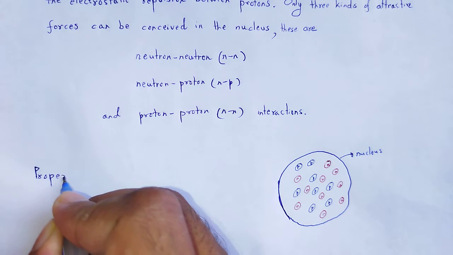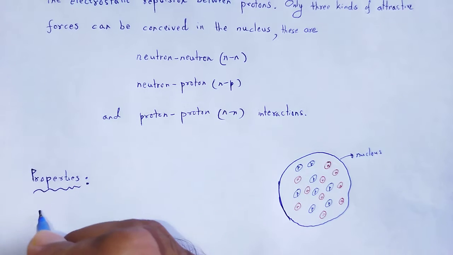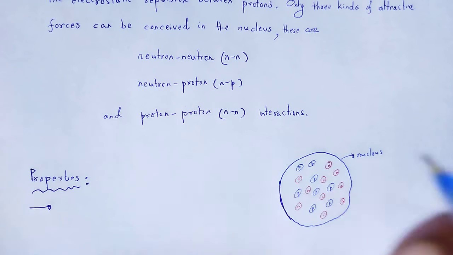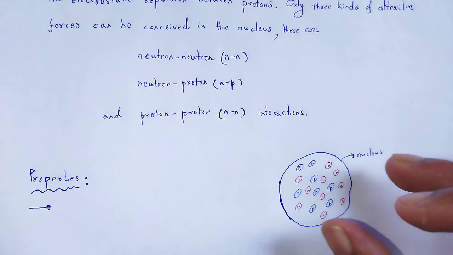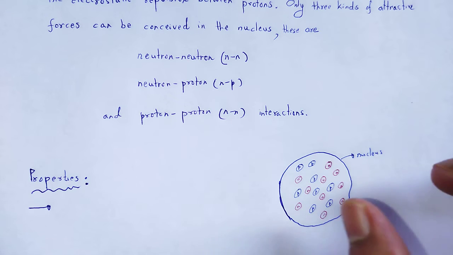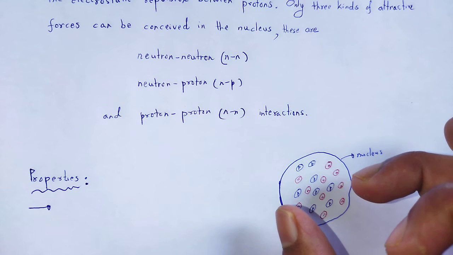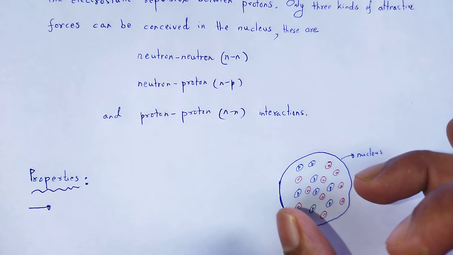Properties. In the previous video lectures, when we studied the size of the nucleus, theoretical evidence confirmed that the nuclear size is of the order of 10 to the power minus 15 meter.